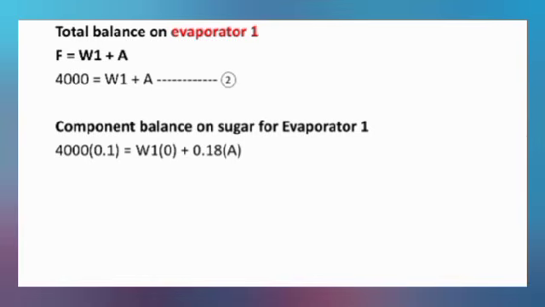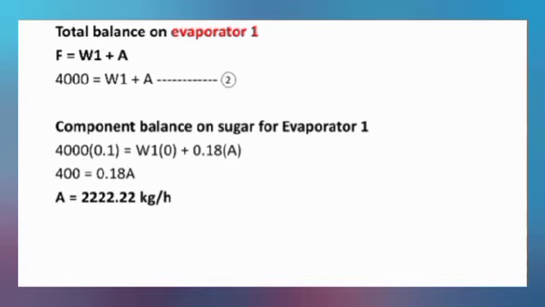And then the A, the one denoted with letter A, is also going to have a percentage of 0.18, which is the decimal form of the percentage, multiplying it. So we are going to get 400 to be equal to 0.18A. So by the end, we are going to get A to be equal to 2222.22 kilogram per hour.